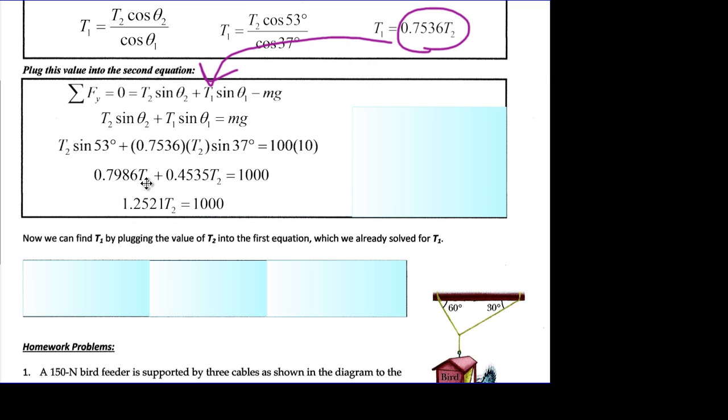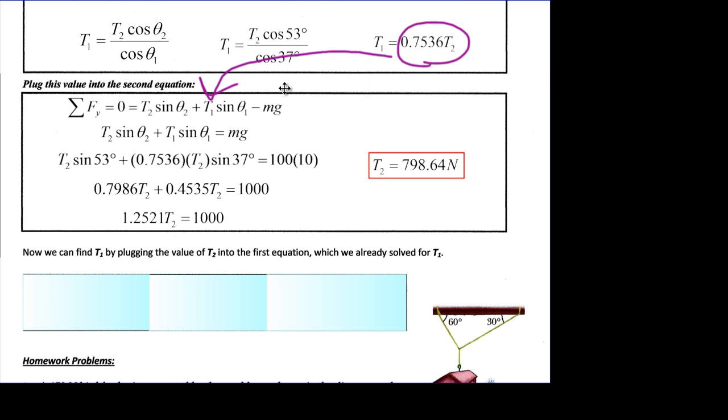You add these two together to get 1.2521. Now I'm going to figure out what T2 is. So 1,000 divided by 1.2521 gives me the answer of 798.64. I now know that T2 is 798.64.